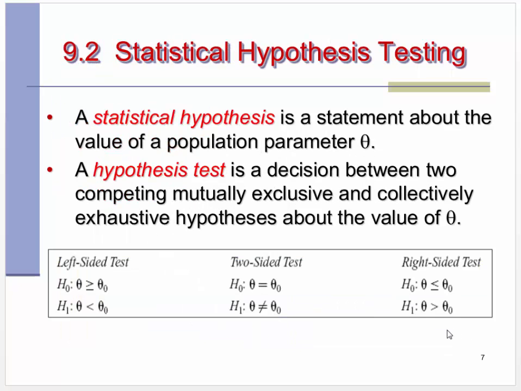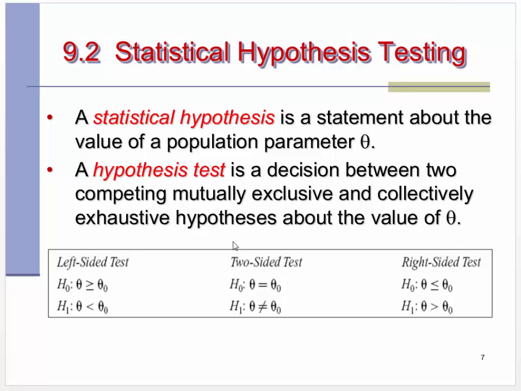A statistical hypothesis is a statement about the value of a population parameter theta. This is theta here. And theta could be the population mean or proportion or anything we want to test. A hypothesis test is a decision between two competing, mutually exclusive and collectively exhaustive hypotheses about the value of theta.